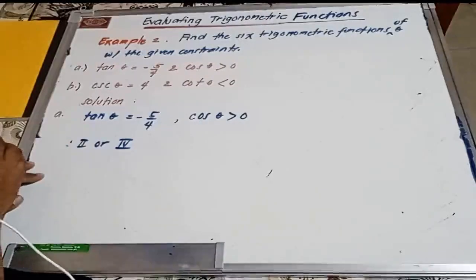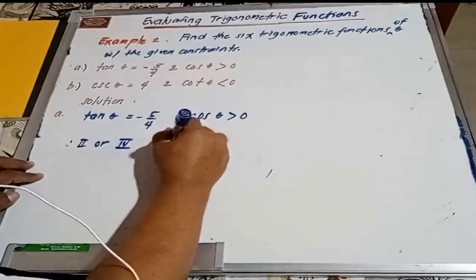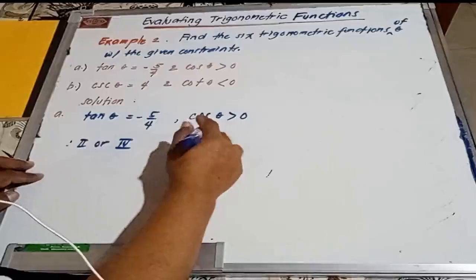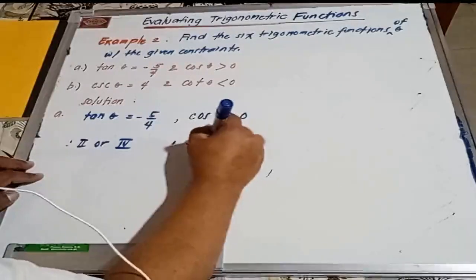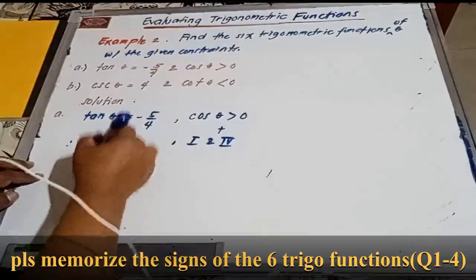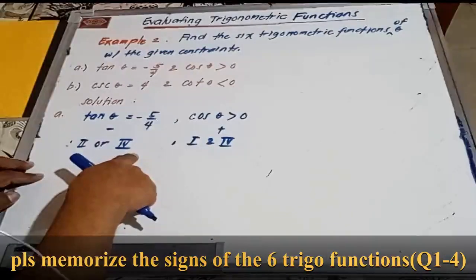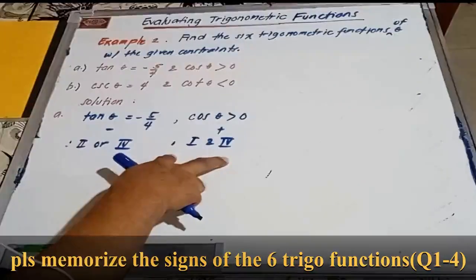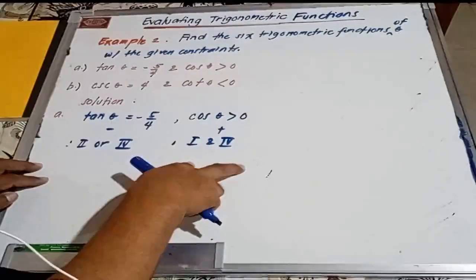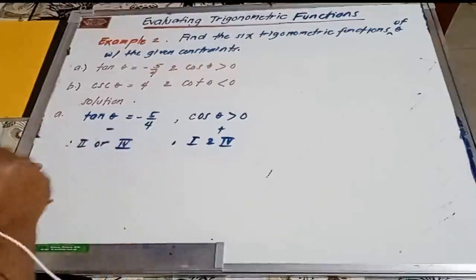Kasi si tangent ay negative sa second at fourth quadrant. Si cosine naman ay positive sa first and fourth quadrant. Now, since nag-intersect yung conditions sa fourth quadrant, ibig sabihin nito na yung ating terminal side is located sa fourth quadrant.